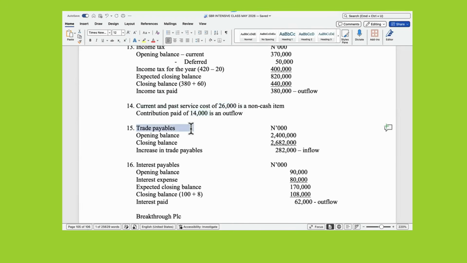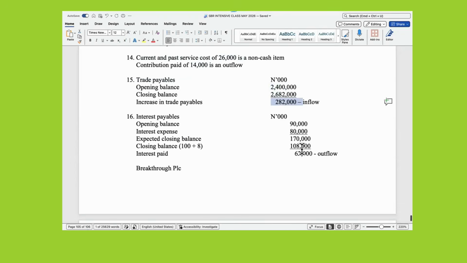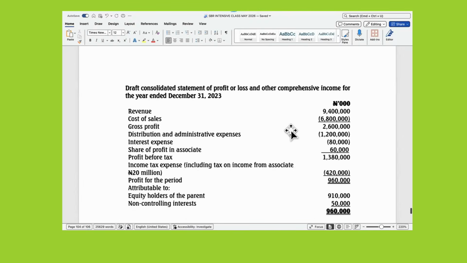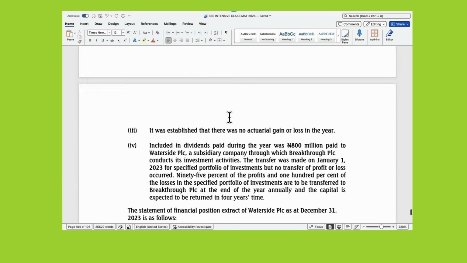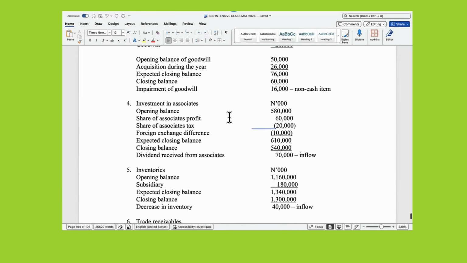Then the trade payables under current, so just compare opening and closing together. It increased by 282, an inflow. Then the interest payable under current liabilities, the opening was 90. There was an interest expense in P&L of 80, so I'm dealing with this 80 in the movement.